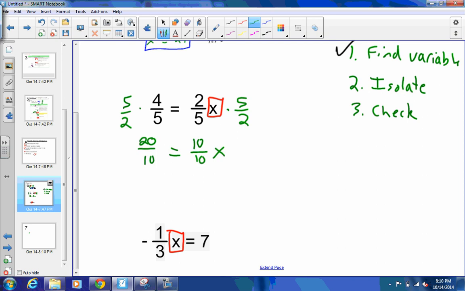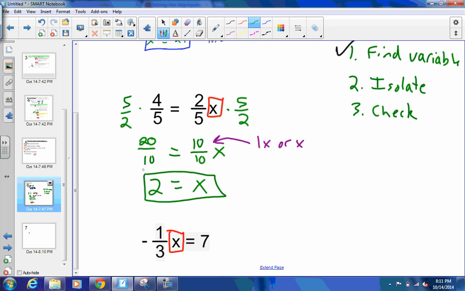Now let's just simplify a little bit here. 10 over 10 is 1x. So I'm going to use a different color here just to note. That would be 1x, or just x. So that is equal to x. And over here, 20 divided by 10, it's just 2. All right, x equals 2.